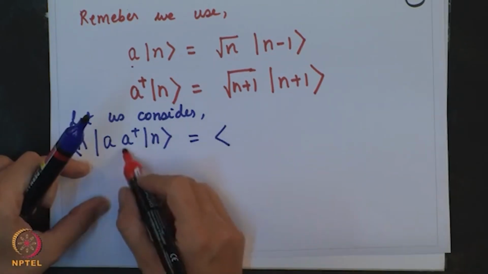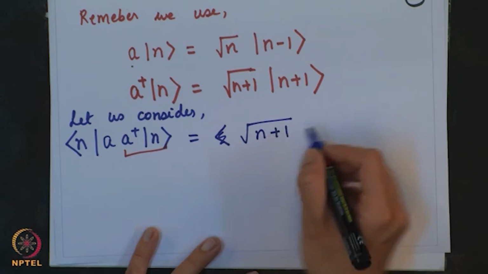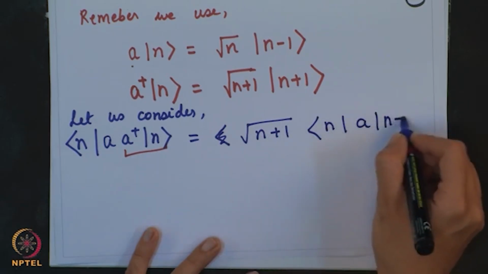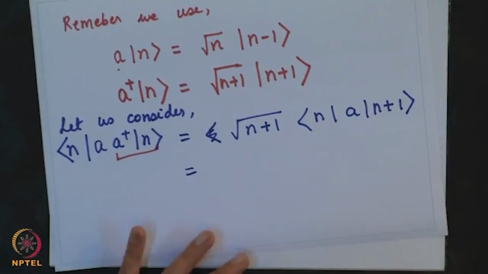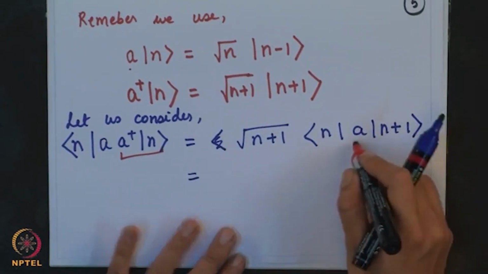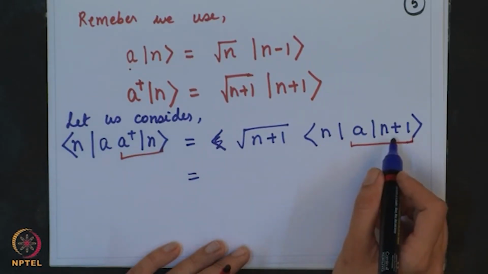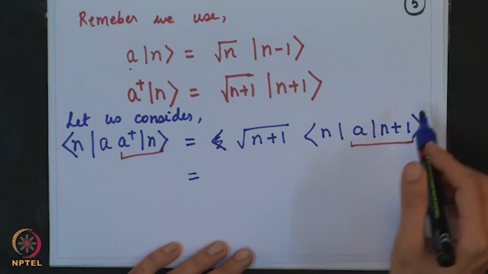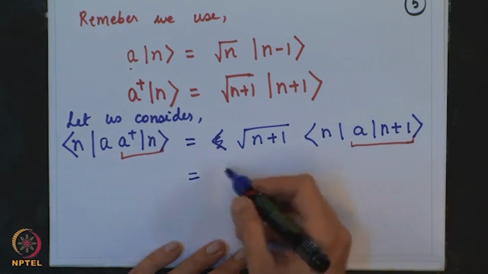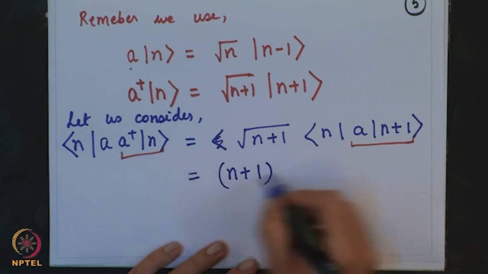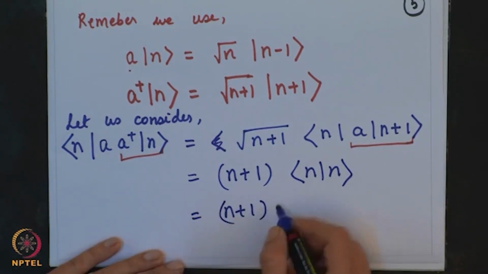A dagger on n would give me square root of n plus 1, and this will take it to the next state n plus 1. And when A is again operated on n plus 1, it would give me square root of n plus 1 times the ket going to the next lower state, which is n. We get back n. So, this will be n plus 1 times the overlap of n with n, which is nothing but 1. So, you have n plus 1. Okay.